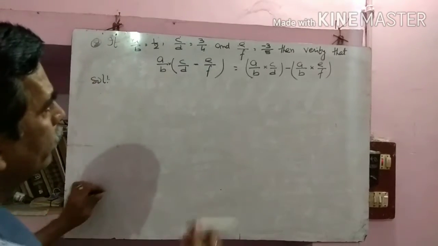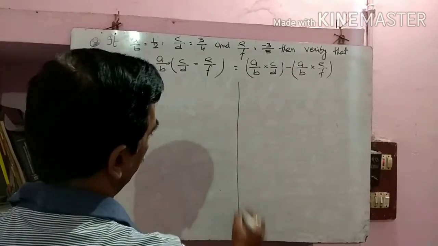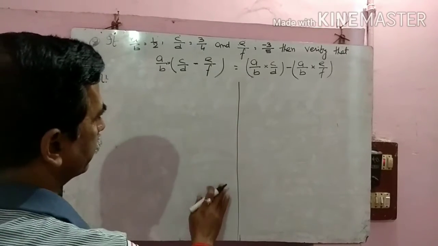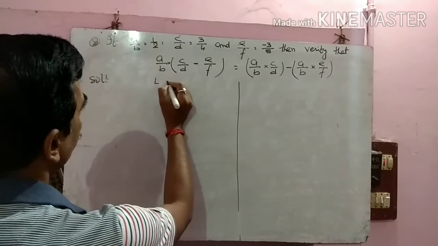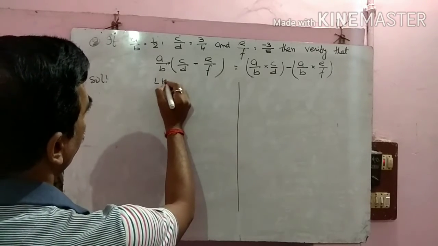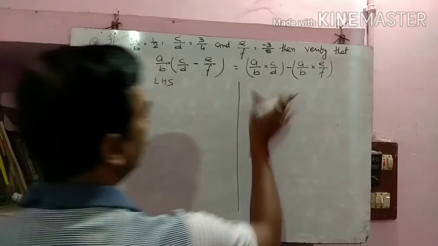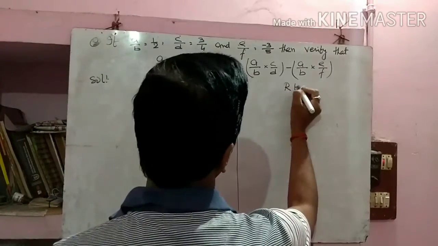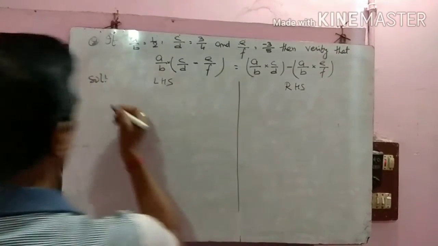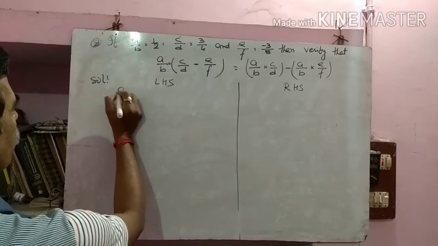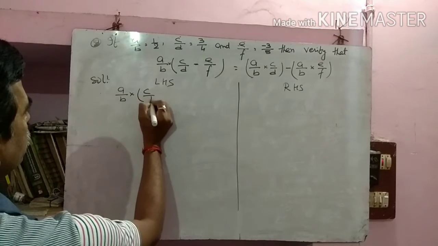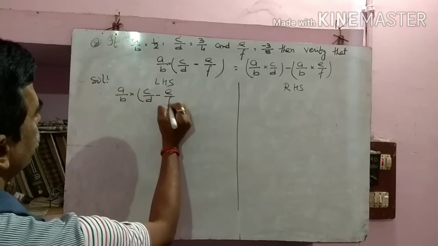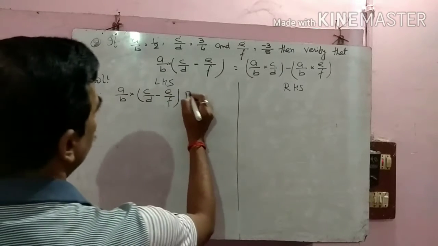To solve this type of exercise, we have to divide the page into two equal parts. The left one represents LHS, left hand side, and the right part represents RHS, right hand side. First of all we write the question as a/b × (c/d − e/f).